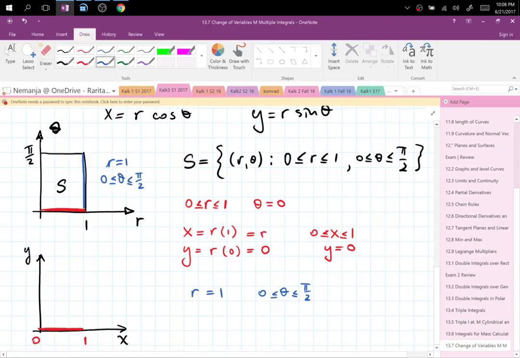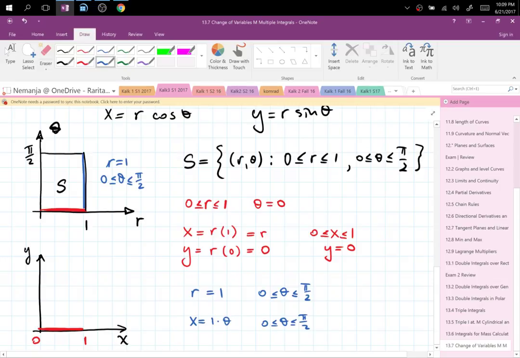Again, plug this in the transformation. X is equal to R, which is always 1, and theta changes. So I'll just put 1 times theta, because theta is going to be between 0 and pi over 2.